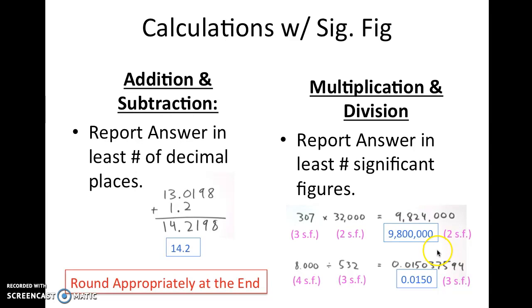If that number is 5 or greater, make sure you round the number where you cut it off up, right? So if this was 0.01508 instead of a 3 here, we had an 8, we would then make our final answer 0.0151. We would round that 0 up to a 1 because there was an 8 to the right of it.